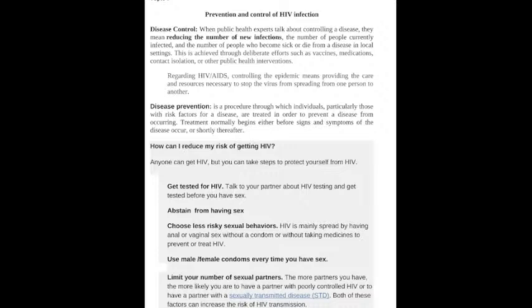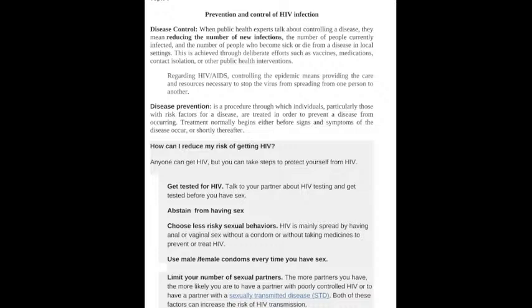And this can be achieved through deliberate efforts such as vaccinations, medications, contact isolation, or other public health interventions. Now, when we talk about HIV and AIDS, controlling the epidemic means providing care and resources necessary to stop the virus from spreading from one person to another.